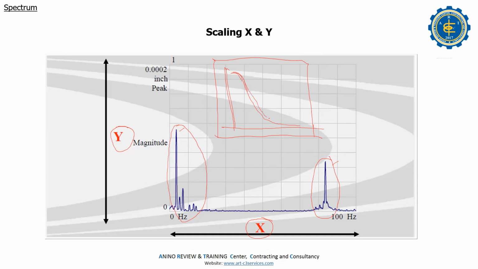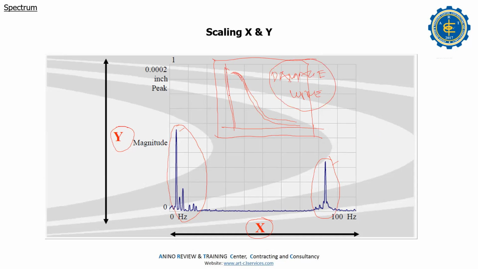Sometimes this ski slope will happen because the wire from the accelerometer to the analyzer is damaged. Sometimes it becomes a ski slope.